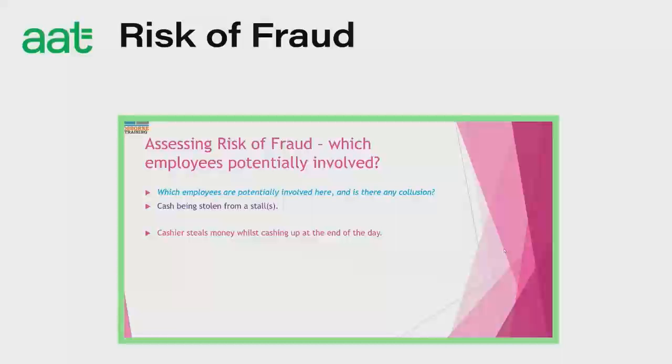Why have you given that particular employee? If there is any collusion, who are they colluding with, and why? It's all about getting the examiner to understand what you are talking about and trying to explain.